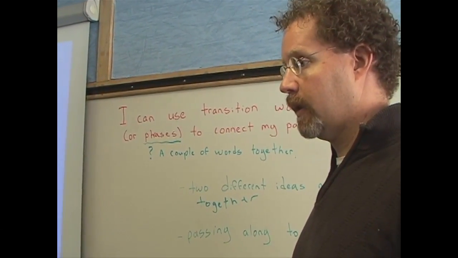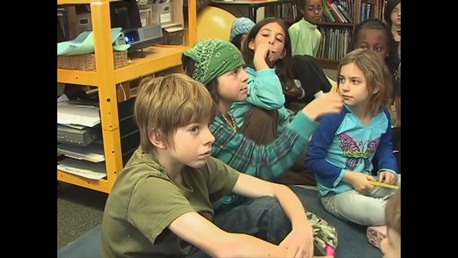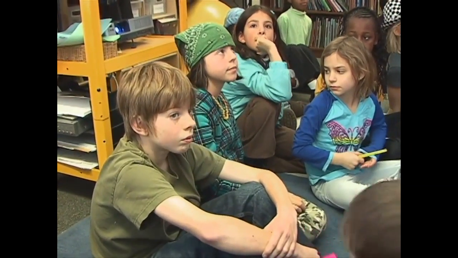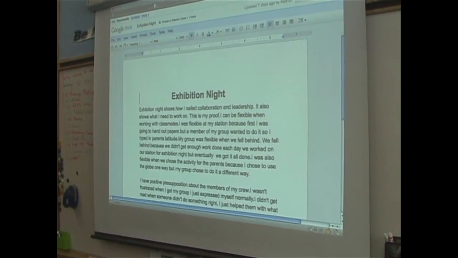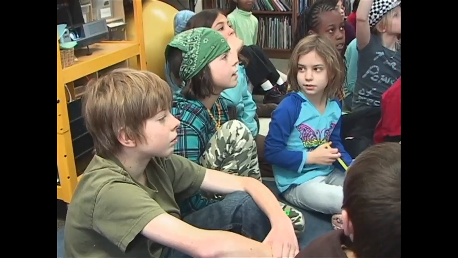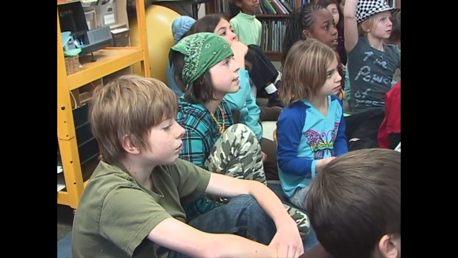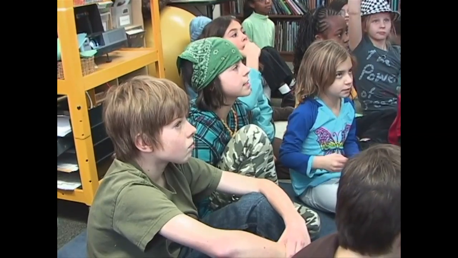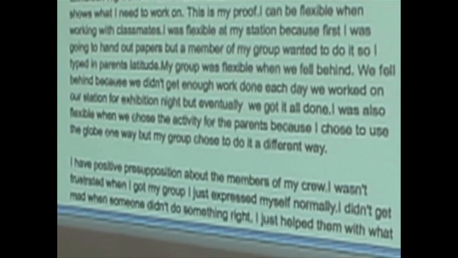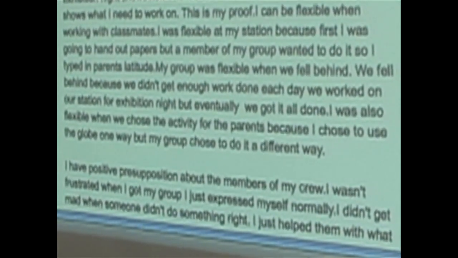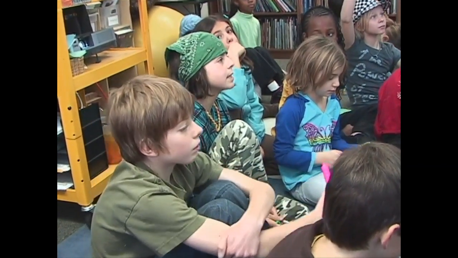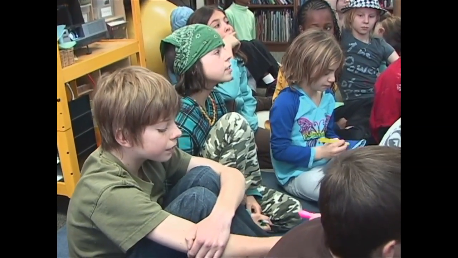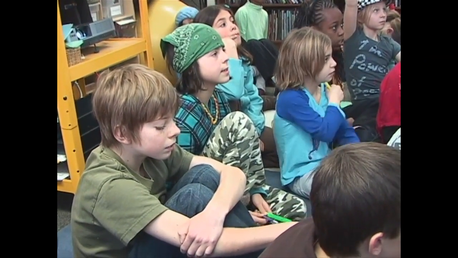Anyone have that? Ileana? Well, when me and Francesca were talking, we used an example on Keenan's work right there. So at the end of the first paragraph, I just read the last line, but my group chose to do it a different way, and then it just kind of jumped to, I have a positive presupposition about the members of my group, but if you used a transition phrase, then it could be like, I also thought that I had a positive presupposition.